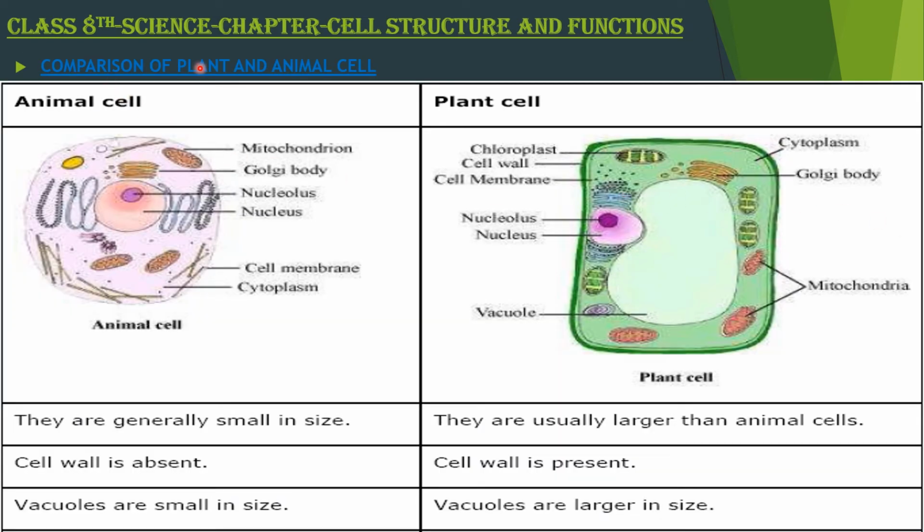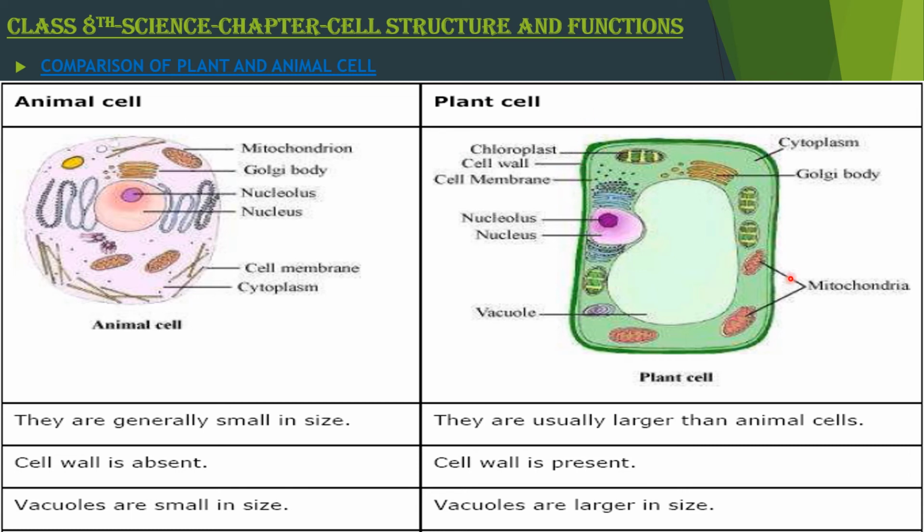Next, comparison of plant and animal cell. Animal cells are generally small in size. The plant cells are usually larger than animal cells. So the cell wall is absent in the animal cell. As you can see, it is only present in the plant cell because it will protect from harmful gases and harmful environmental conditions like high temperature, high pressure, like that.